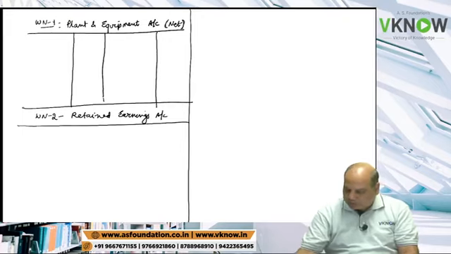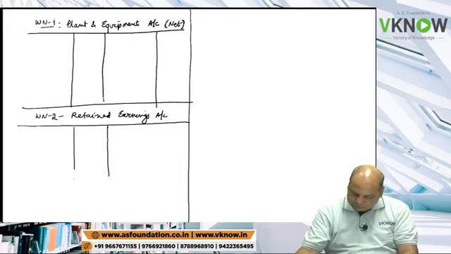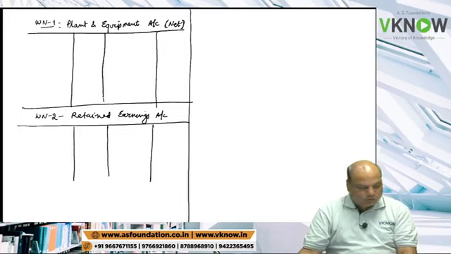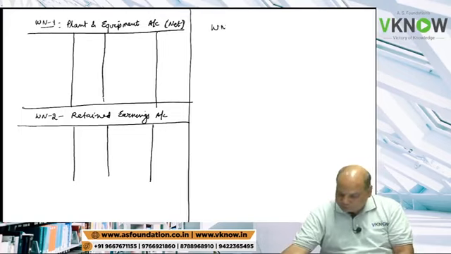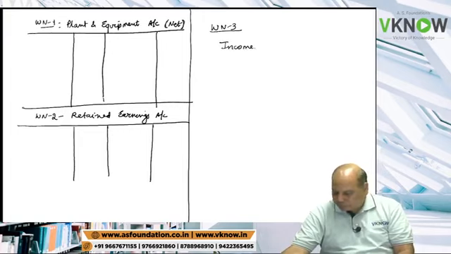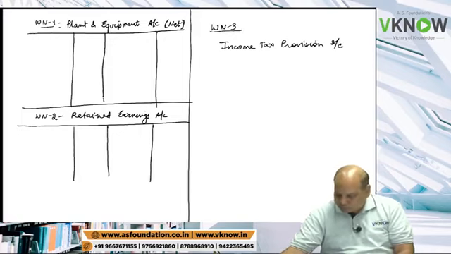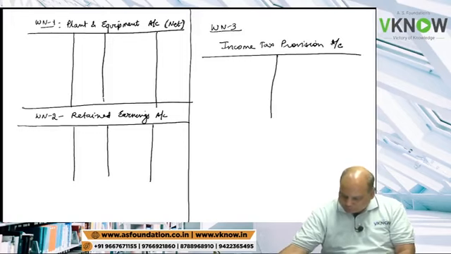Working note 2, write down retained earnings account. And working note 3, write down income tax provision account, 6 lines.